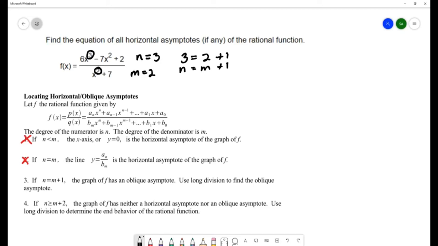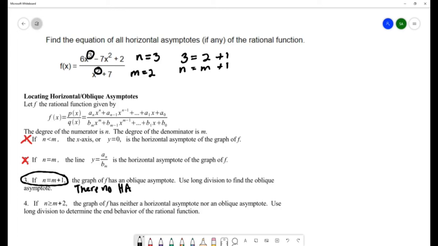So this is the case we're dealing with for this particular rational function. Although it's not stated here, there is no horizontal asymptote whenever the degree of the numerator is 1 more than the degree of the denominator.